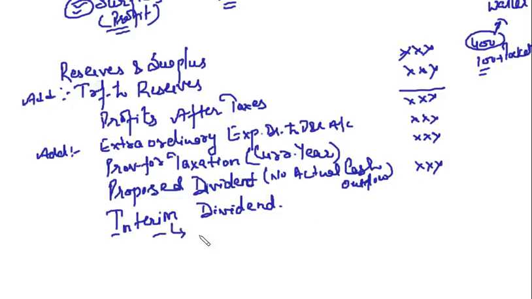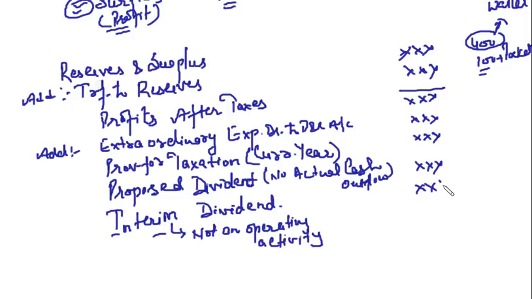This interim dividend is not an operating activity. Now you will ask, sir, then which activity is this? This we will do later on. It is a financing activity. Right? This we will do later on.